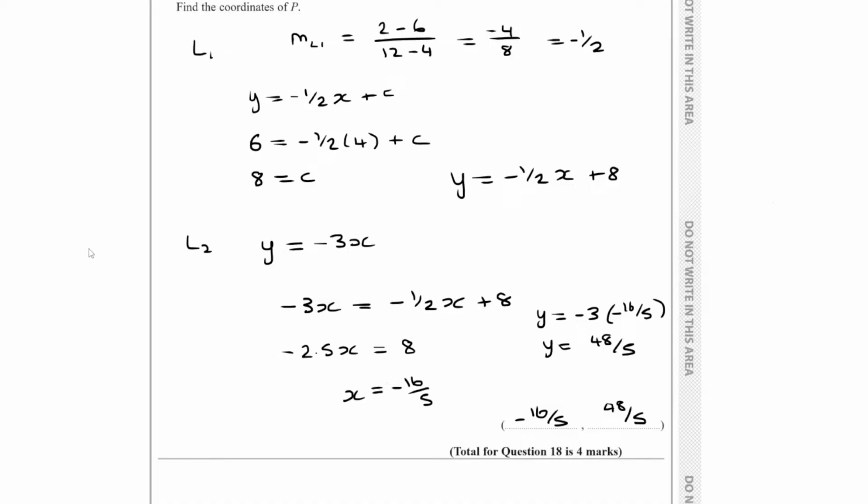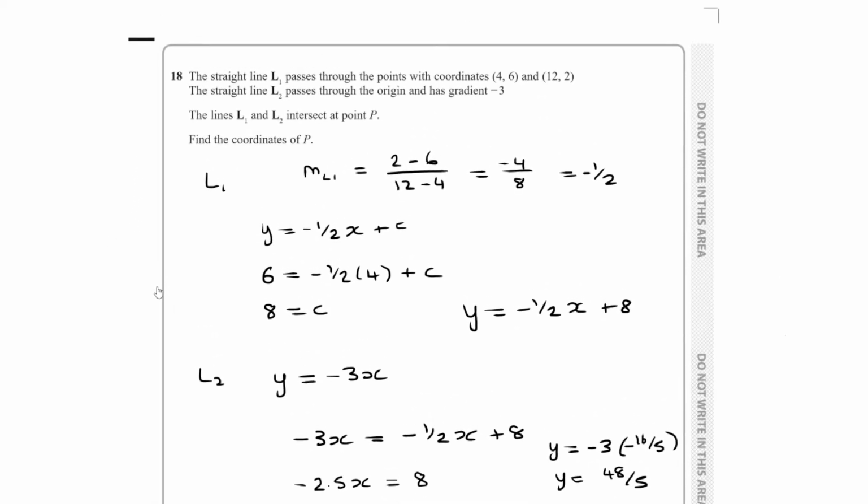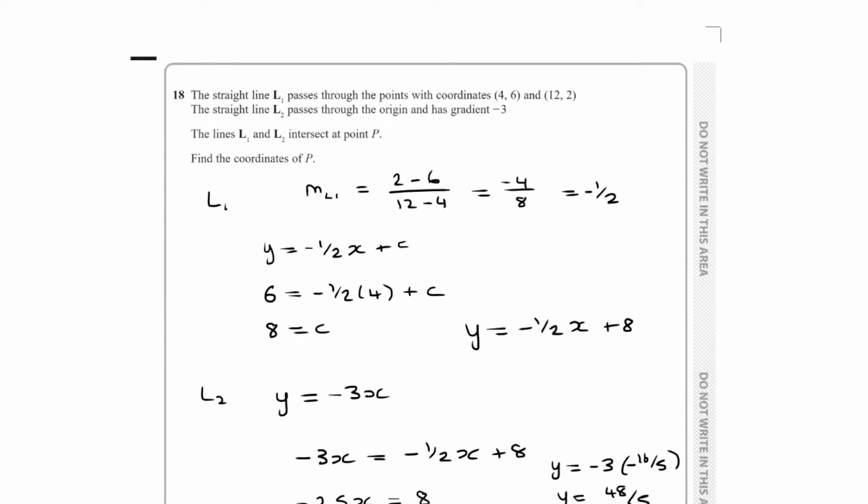Yeah, for L2, because they're all straight lines, the whole thing needs to be in this format: y equals mx plus c. That's the straight line basic format, isn't it? This is the gradient, this is the y-intercept. They told me the gradient was minus 3, so that goes in front of the x. Then they told me that it passes through the origin, which is 0, 0.